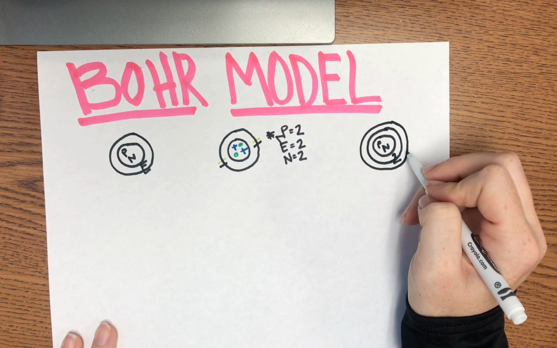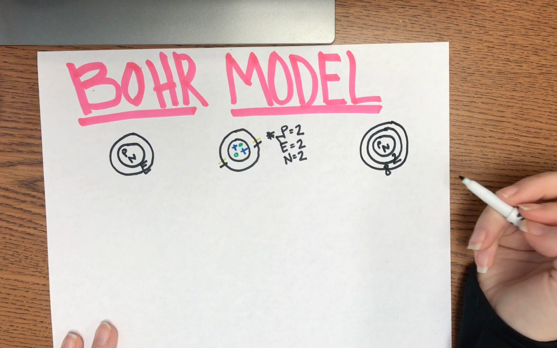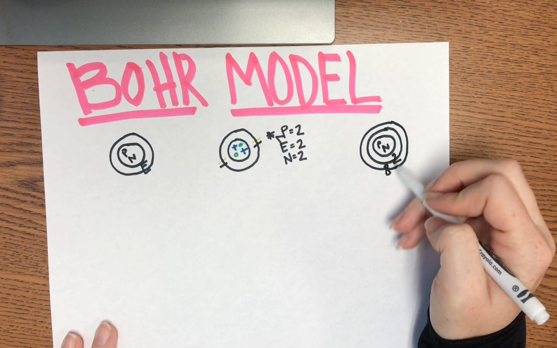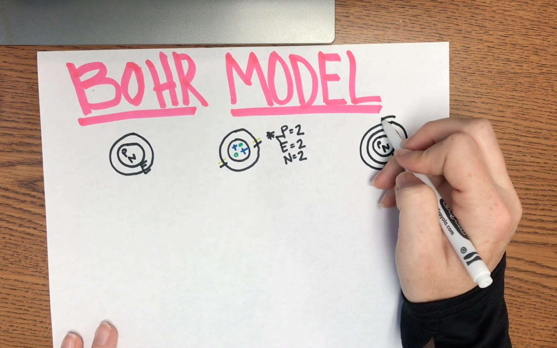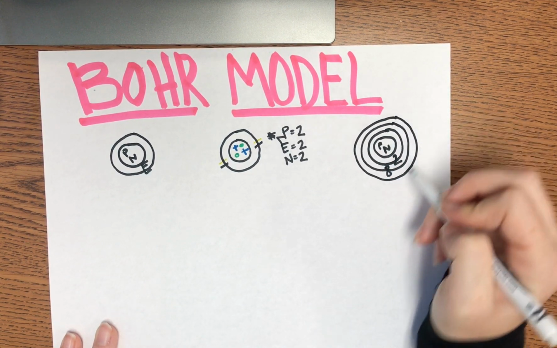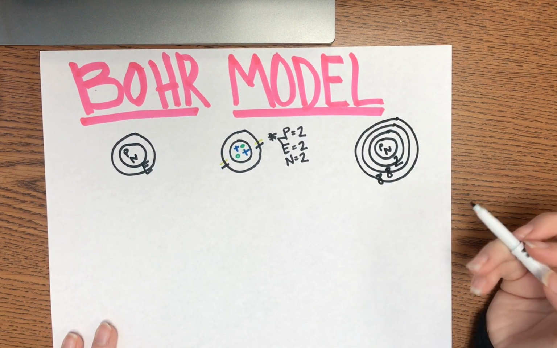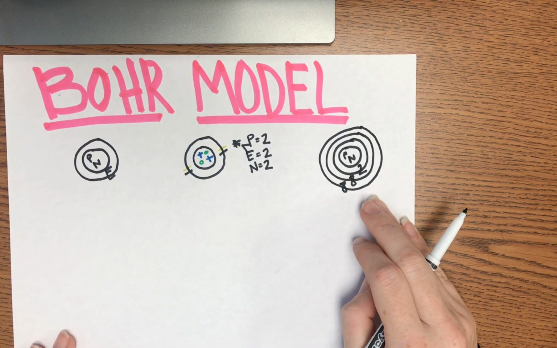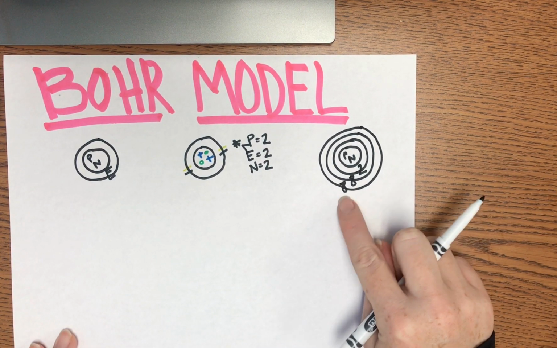This ring here can hold 8 electrons. So if we had an atom that has more than 10 electrons, we're going to have to draw a third ring. This ring can also hold 8. Now, when you get into high school and further into chemistry, this may not be the same rule.